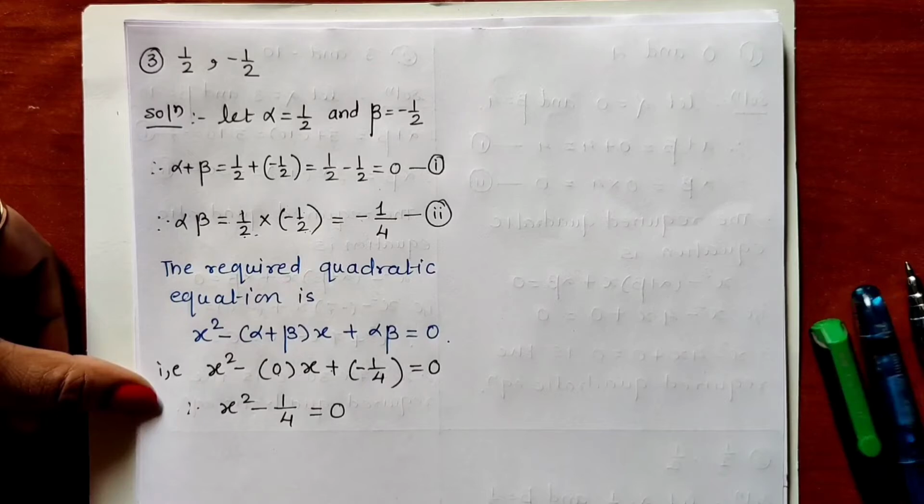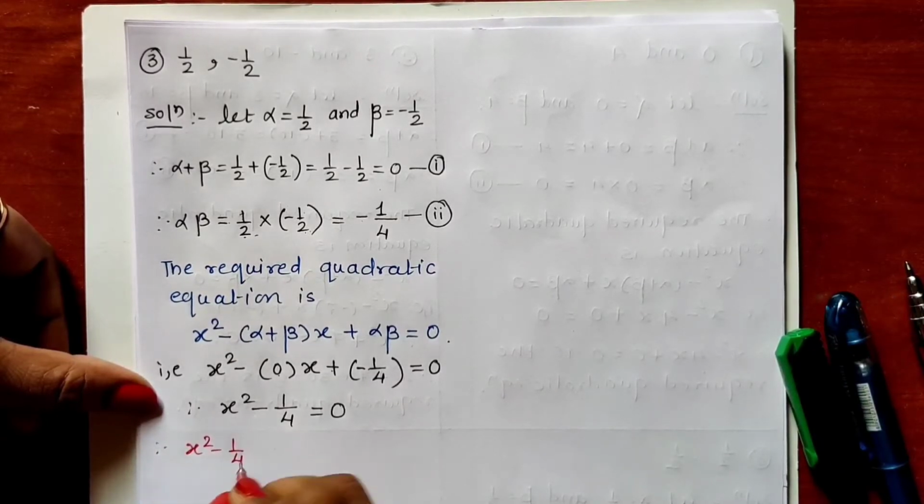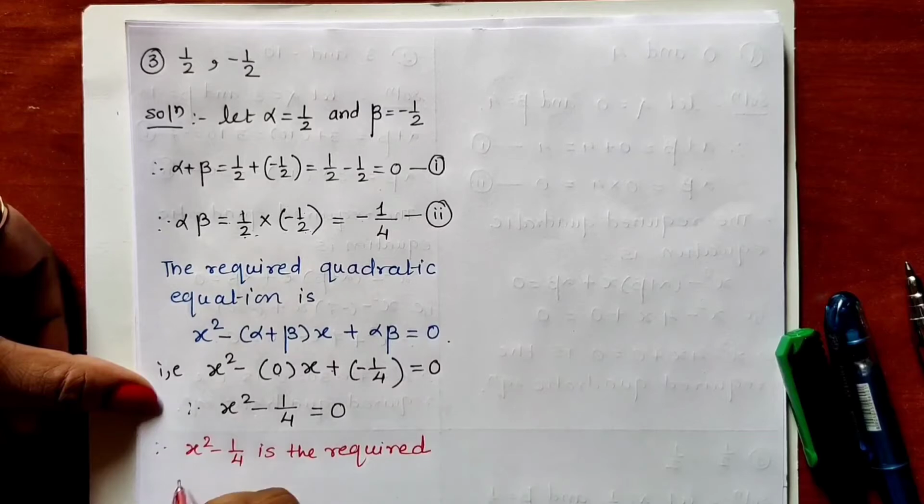We all know that. Therefore, x square minus 1 upon 4 is the required quadratic equation. Okay, so in this way we can solve our third sum.